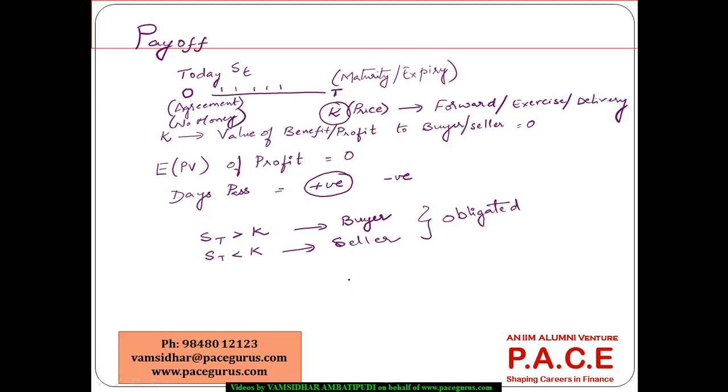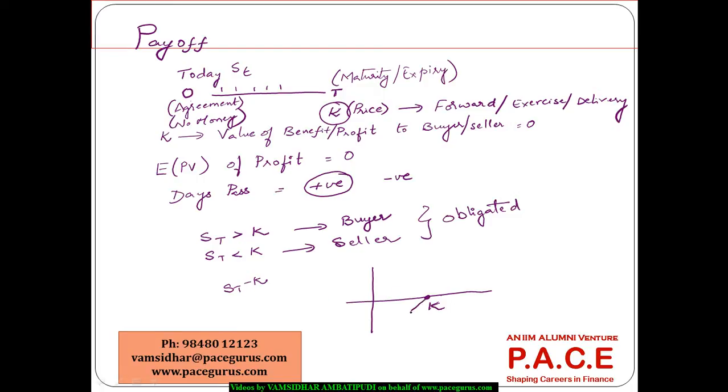So if I am looking at a simple payoff diagram from a long position's perspective, wherever the market price is greater than this forward price, his benefit is going to be ST minus K, otherwise it is going to be a loss.